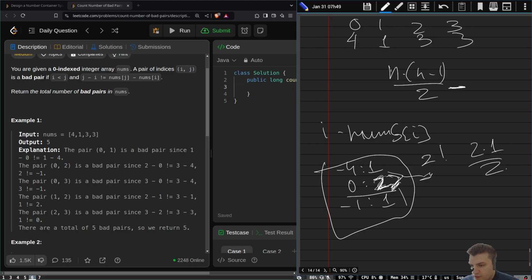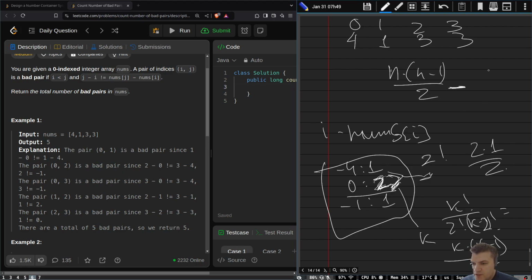But let's say we have k, and we need to calculate the number of pairs we can assemble from the k. It's going to be k factorial over 2 factorial over k minus 2 factorial, which is just k multiplied by k minus 1 over 2.